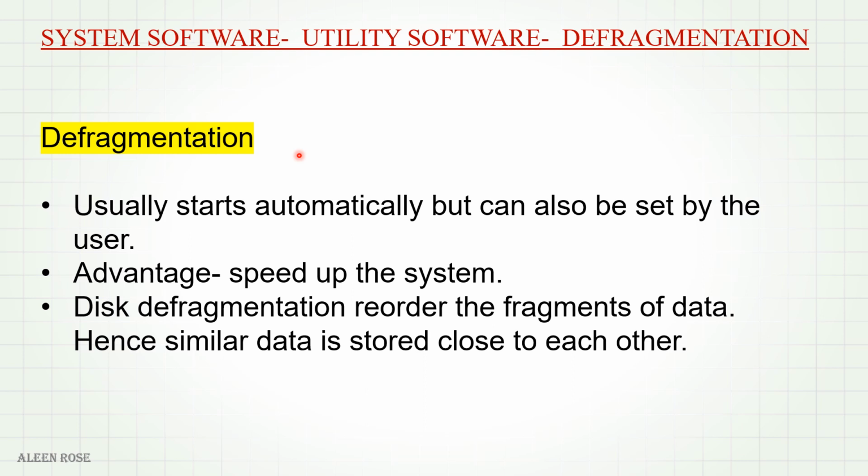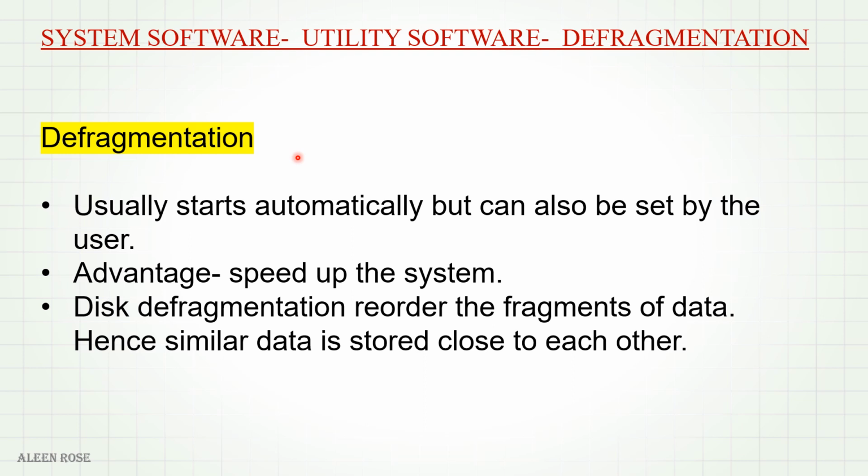And therefore the disk is fragmented, and the disk has to be rotated, it takes more RPMs, rotations per minute, and it consumes more power. Therefore, we need disk defragmentation.